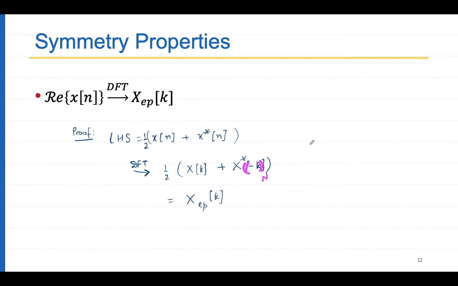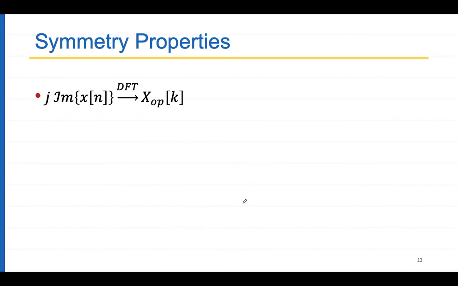Now this whole thing we defined in the previous slide to be X even of k. That is it. So the even and odd properties are true both in the time domain as well as the frequency domain, because both are sequences of length N only. So this is proved.